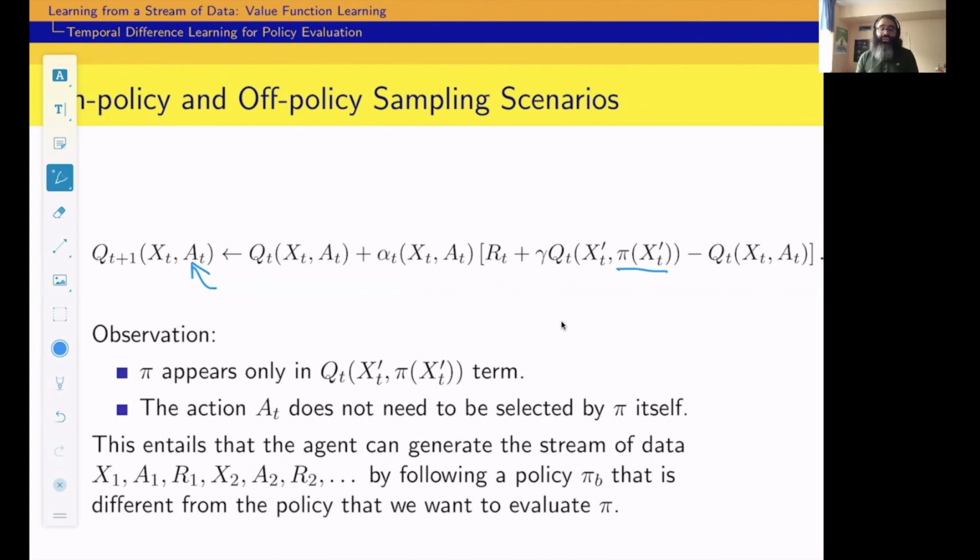I can choose another policy, say policy pi_b, follow that policy and generate actions according to it to get this sequence, and still evaluate the action value function for policy pi. Is this clear?